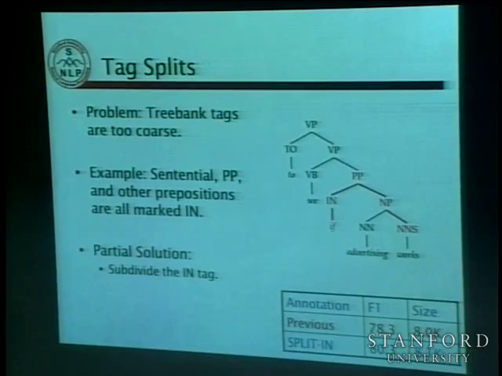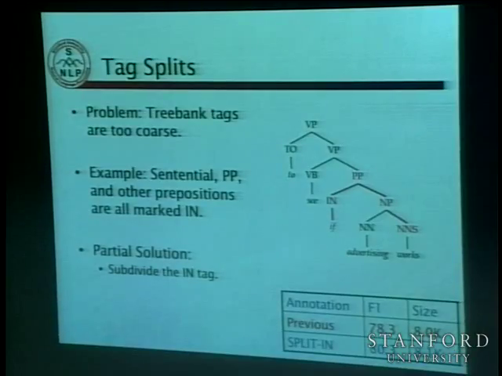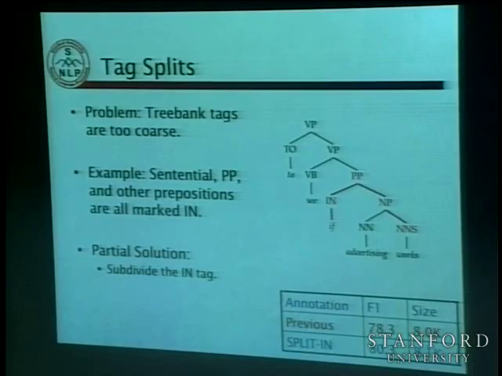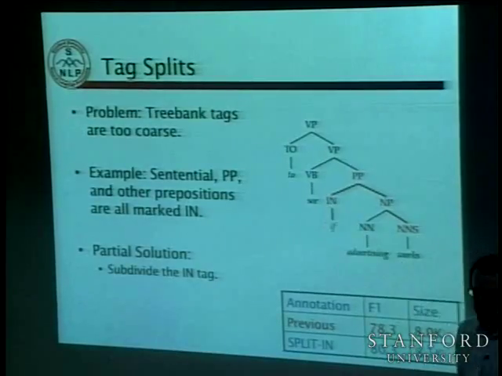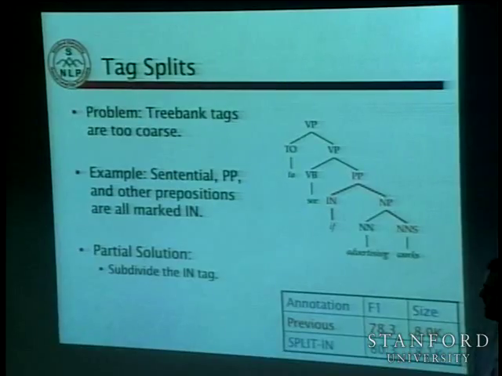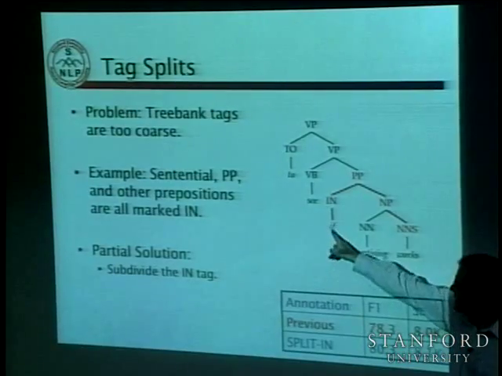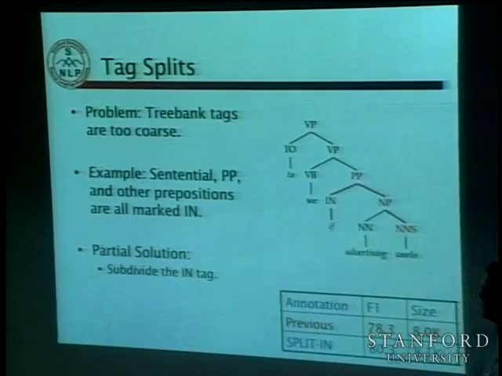Another place where you get bad representation in Penn Treebank PCFGs is that the part of speech tags are quite coarse and bad in some respects. One of the worst is the things labeled IN for preposition. It turns out in the Penn Treebank all kinds of things are labeled IN, including subordinating conjunctions in traditional grammar, like "if advertising works."